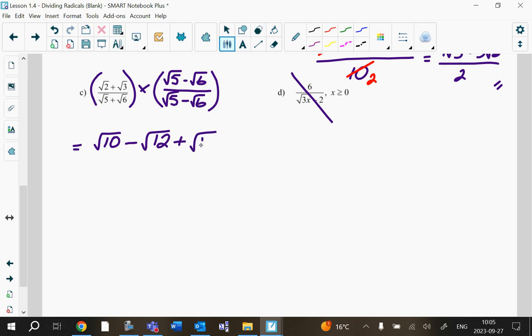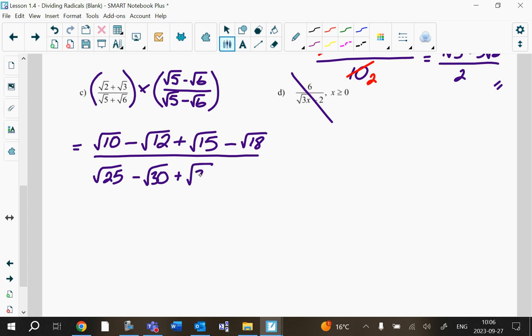Plus root 3 times minus root 6, minus root 18. On the bottom, root 5 times root 5, root 25. Root 5 times minus root 6, minus root 30. Root 6 times root 5, plus root 30. Root 6 times minus root 6, minus root 36.